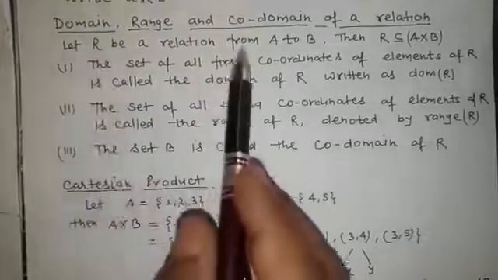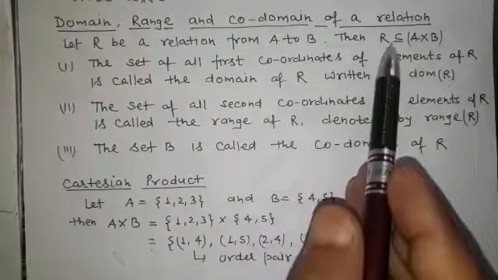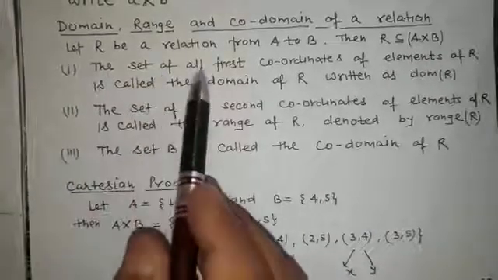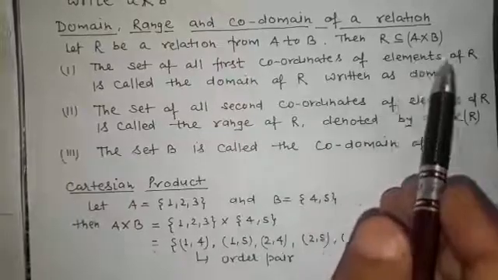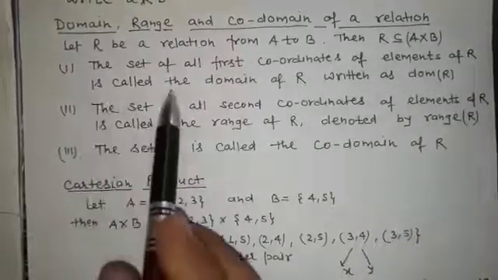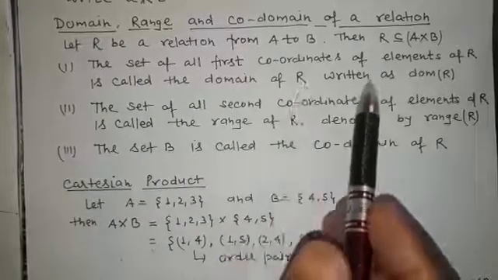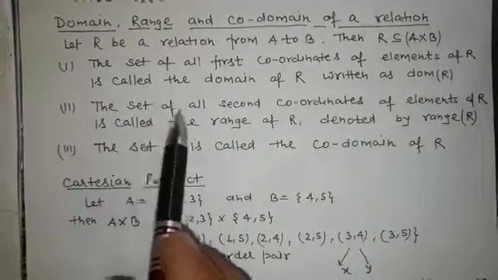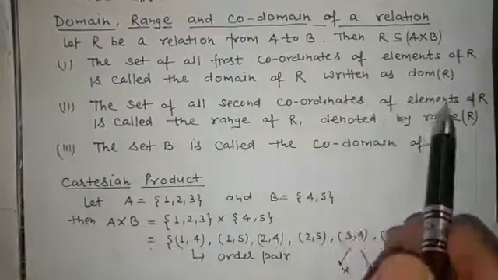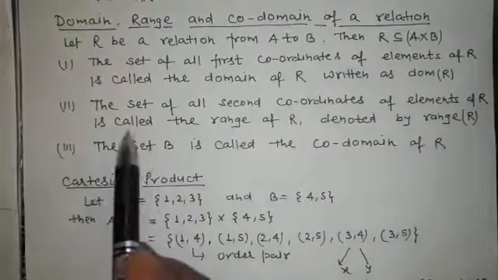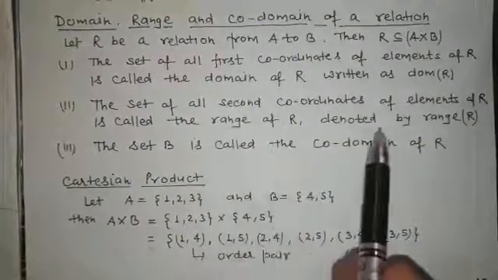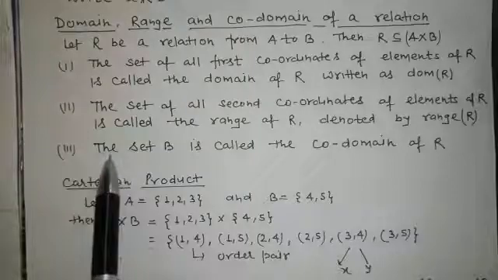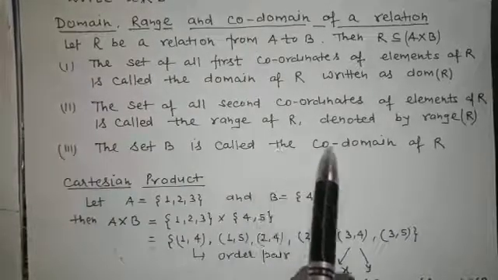Let R be a relation from A to B, then R is a subset of A cross B. The set of all first coordinates of elements of R is called the domain of R, written as domain R. Second, the set of all second coordinates of elements of R is called the range of R, denoted by range R. Third, the set B is called the codomain of R.